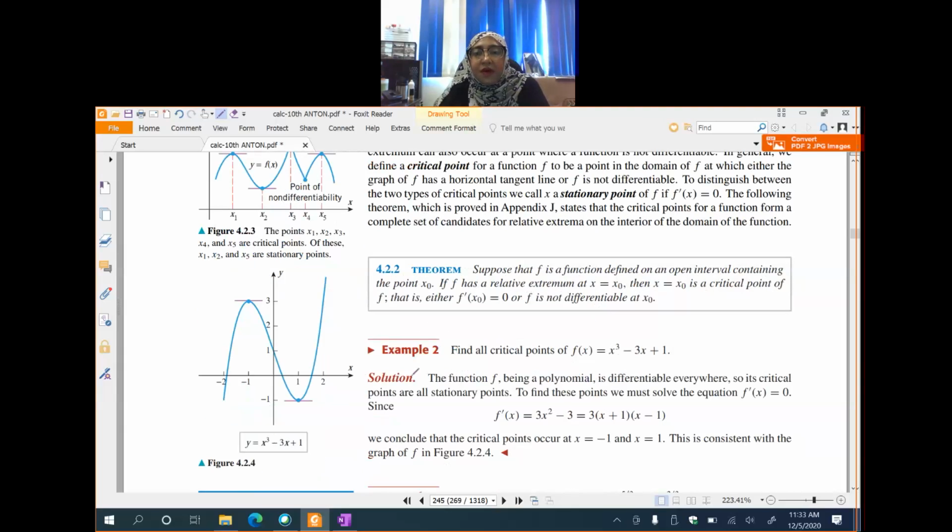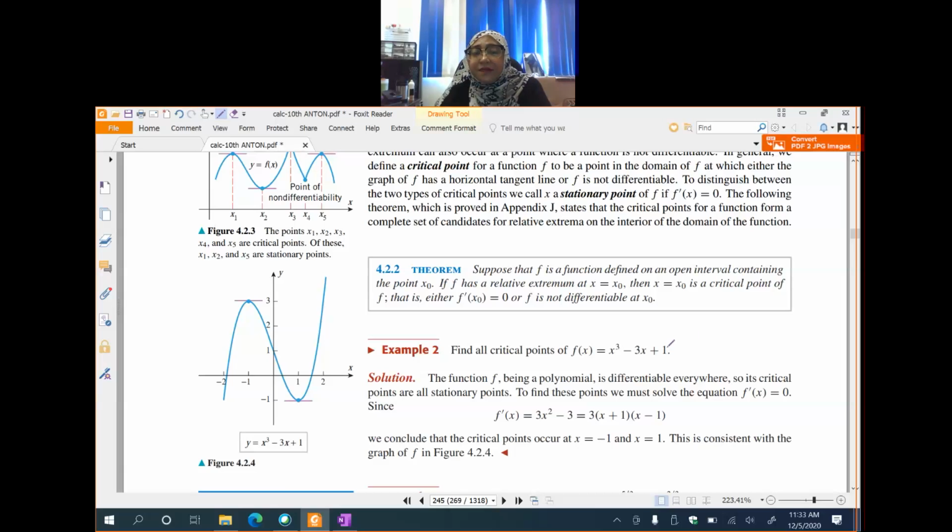Example 2, find all critical points of f equal to x cubed minus 3x plus 1. So this is a polynomial. For a polynomial, the critical points might happen when f prime is equal to 0 only, because it's always continuous.